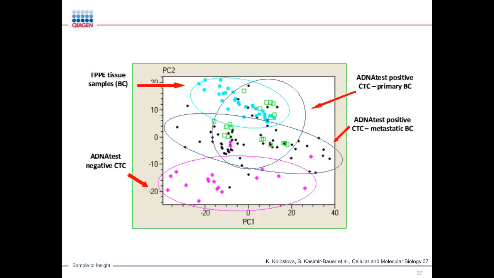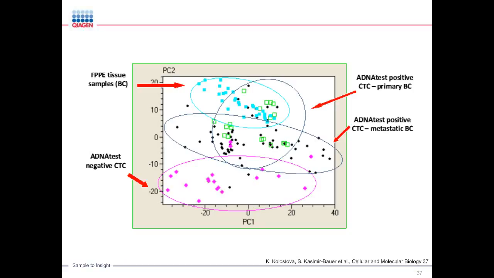That probably gives us an idea, at least a vision, of what is really happening during a metastasization process, and how we can do research with that. You can see here in light blue the partial clustering results of the tissue.